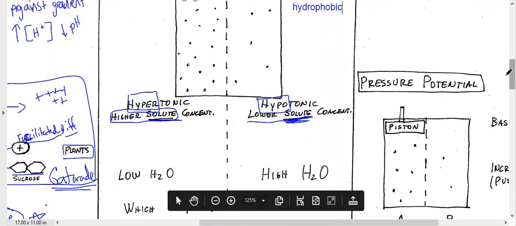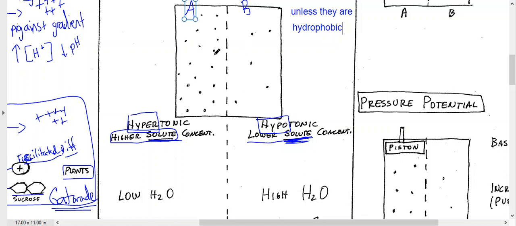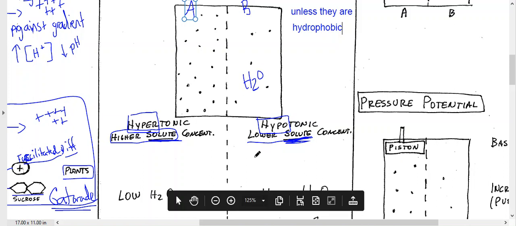Another way to say that is side A has less water, right? Because everything else in here is water. So let's look at side B first. Look at all this extra space. There's not a lot of solute, so look at all of this water, right? So when you're hypotonic and have low solute, you also have high water concentration.